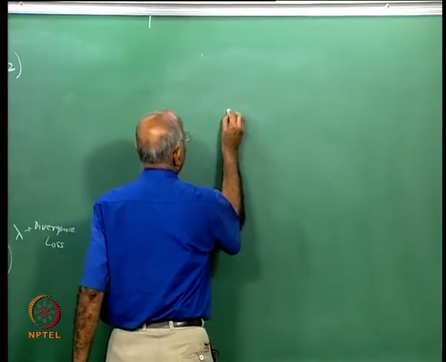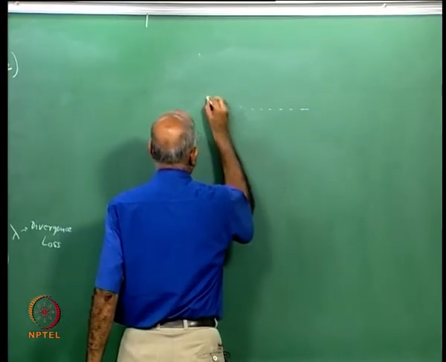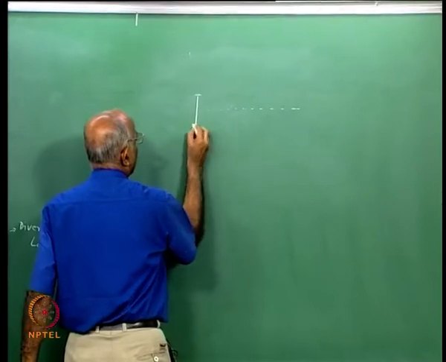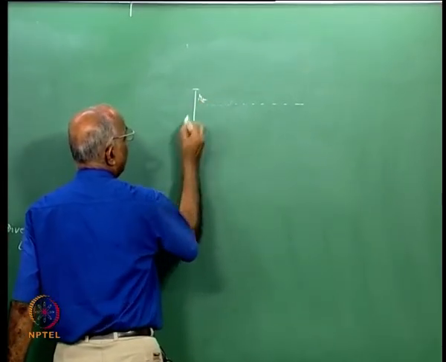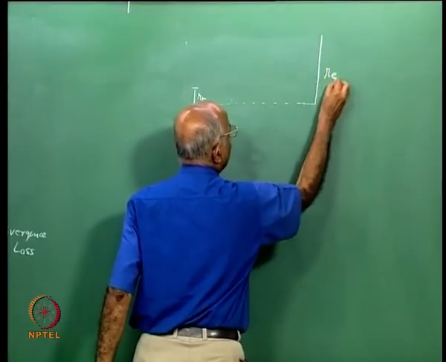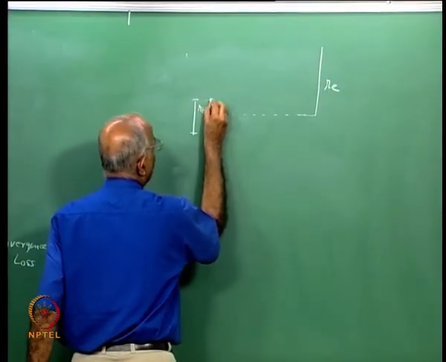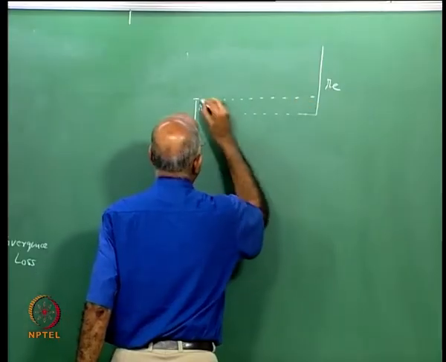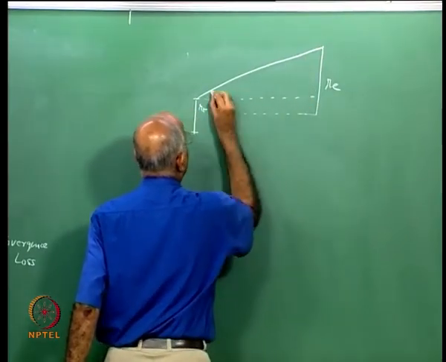Let us say I have a nozzle center line, the throat radius I say is RT, the exit radius is RE, and alpha is the value of this angle.